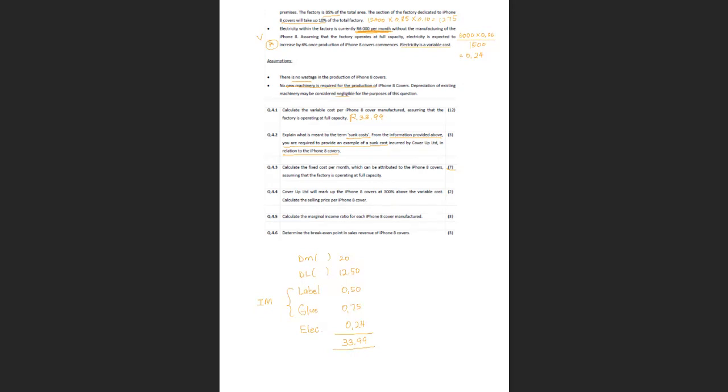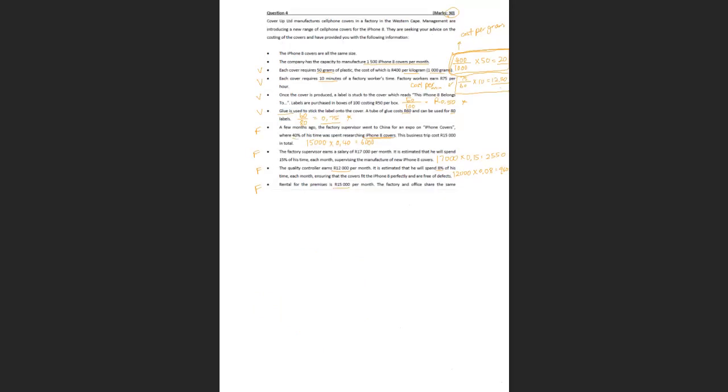So an example of a sunk cost is perhaps the rent that we had paid for the factory space, or even the factory supervisor's business trip, the 15,000 Rand, where once you've paid for the trip and once the cost of rent has been incurred, you aren't going to be able to recover any of the funds from that.